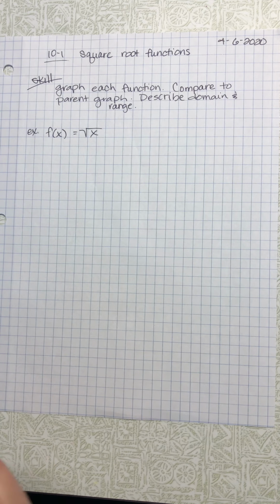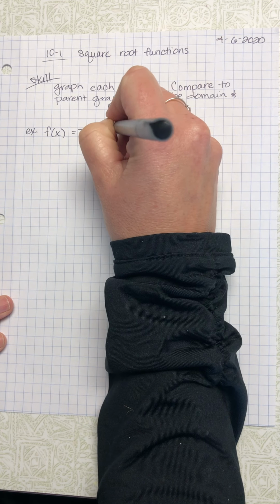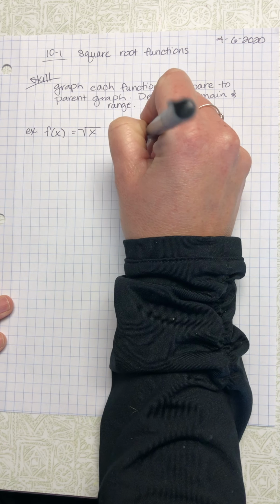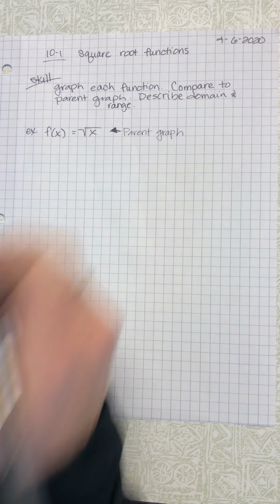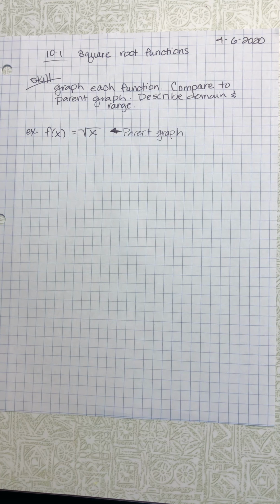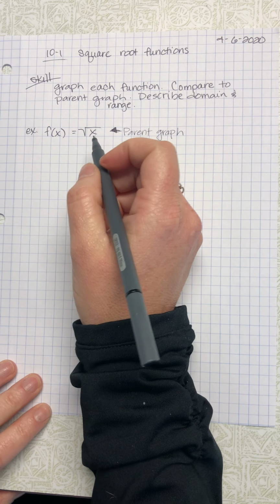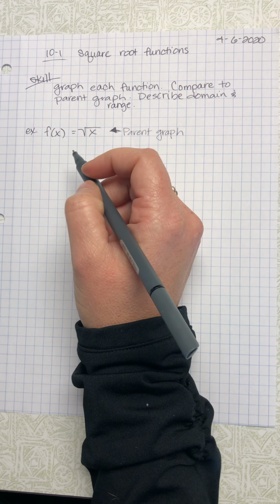The parent graph is the basic beginner equation, f of x or y, the function of whatever, is equal to the square root of x. This is the parent graph. It will never change. This is always the parent graph.